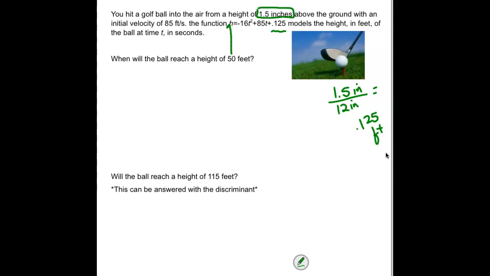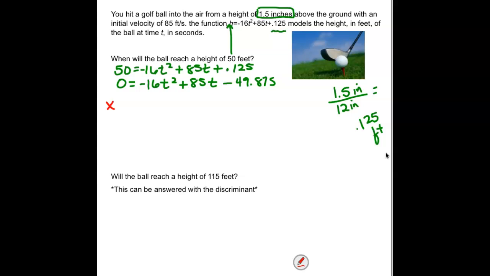Now, it says, when will the ball reach a height of 50 feet? So we need to put 50 in here for h. And then we need to get one side equal to 0. So we're going to subtract 50 to the other side. So 0.125 minus 50 ends up being negative 49.875. Now we can go ahead and use our quadratic formula.